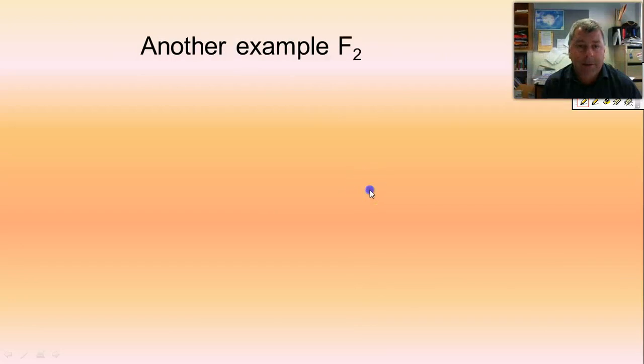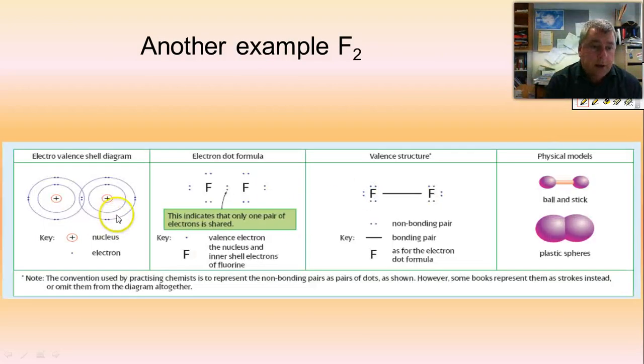Let's do another example. Fluorine, F2. This is the old hand way of drawing it, where we've drawn in a shell and lots of dots. Takes forever. There's our pair of shared electrons. Here is our electron dot diagram indicating it. Here's a sort of compromise where they've drawn the electron dots and then put a covalent bond in there. I would probably recommend that we don't draw the pairs there.